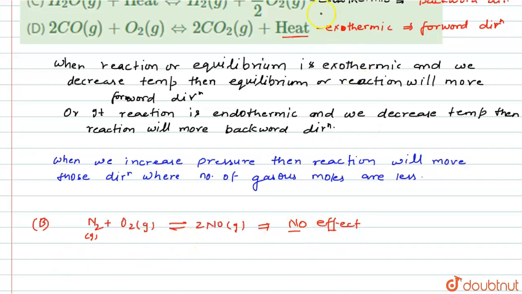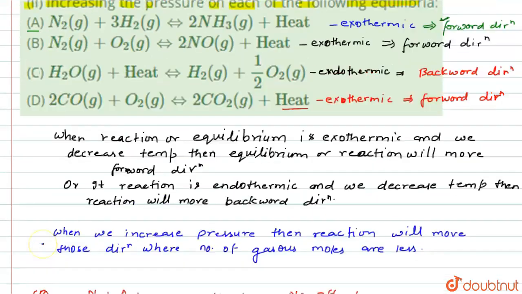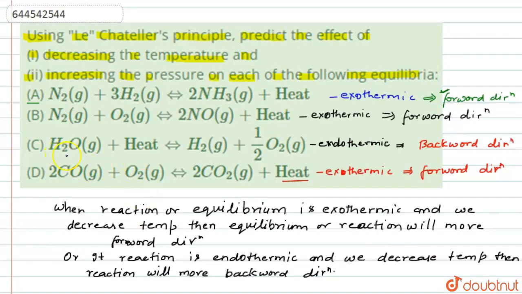And in the C reaction, H2O gas gives H2 gas plus half O2 gas. On the reactant side there is 1 mole of gas, and on the product side there are 3/2 moles.